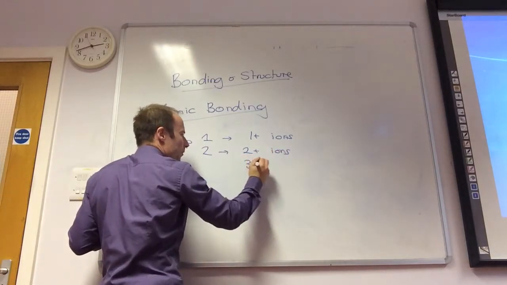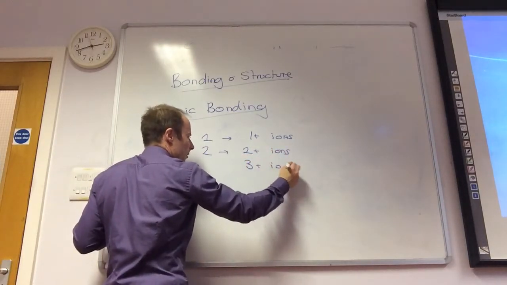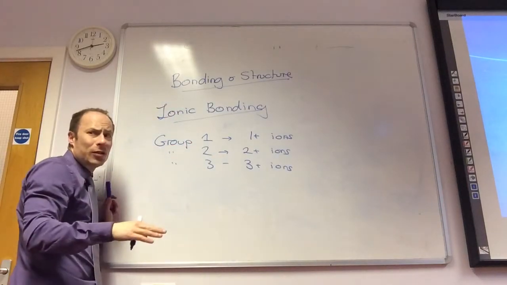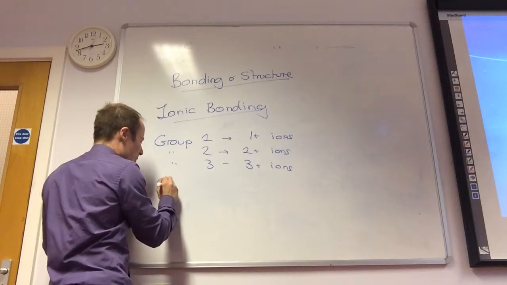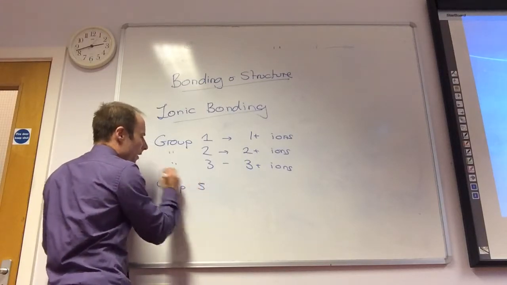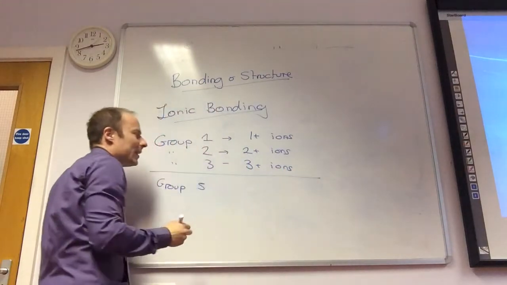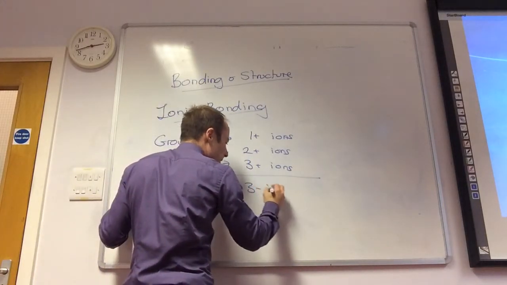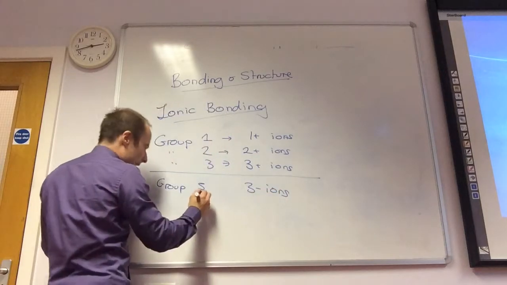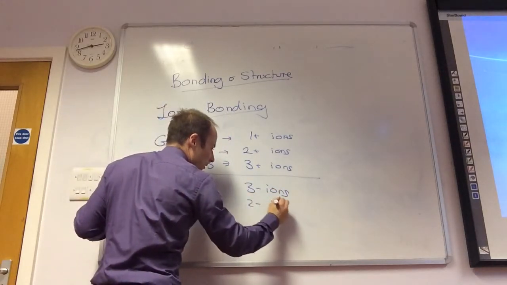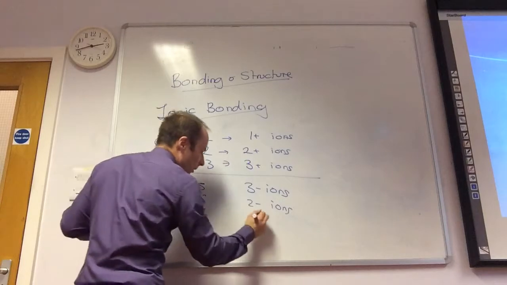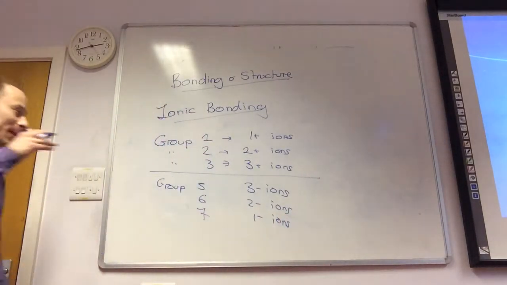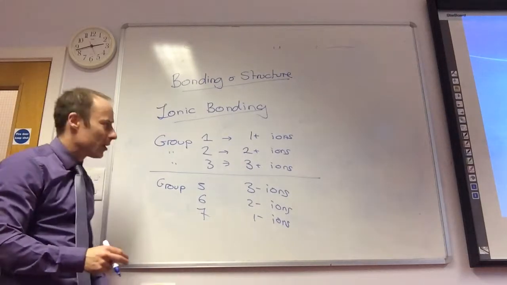Group 3 is going to form +3 ions. Group 4 does not ionically bond. Group 5, we've gone into the non-metals now, so it's going to be 3 minus ions. Group 6 is 2 minus, and group 7 is 1 minus ions. So you need to use your periodic table to do those.